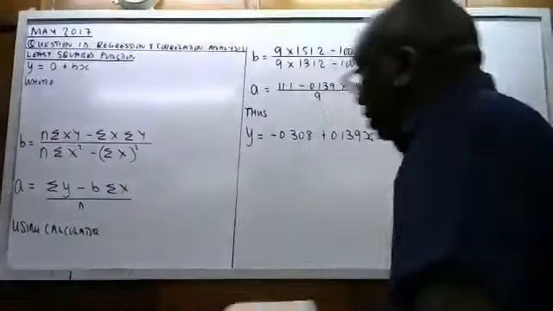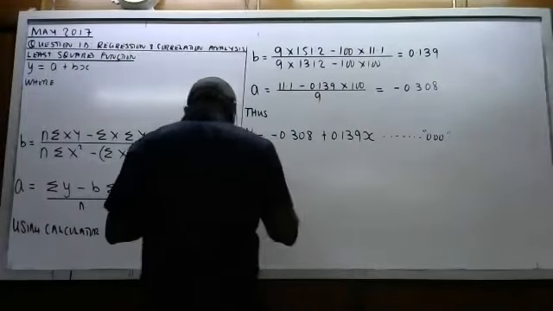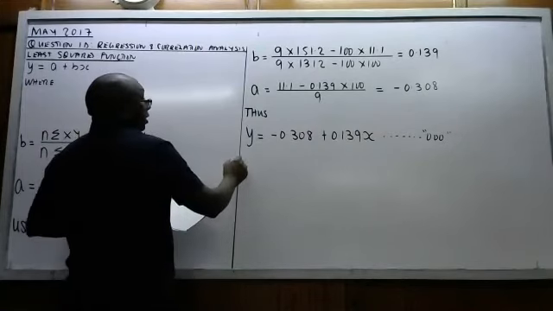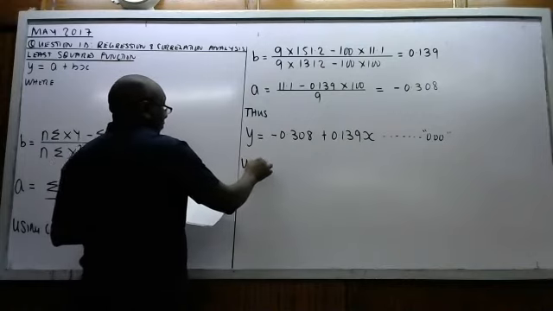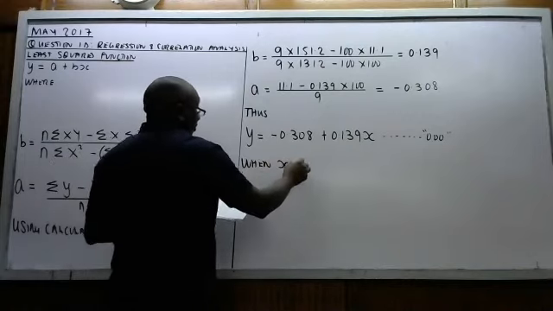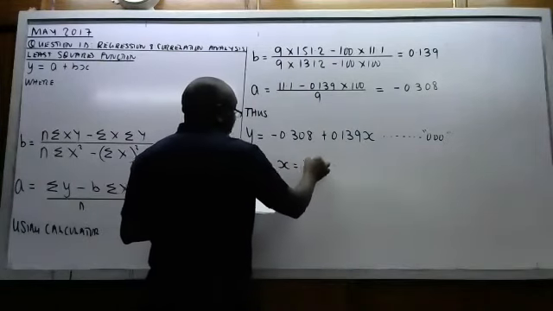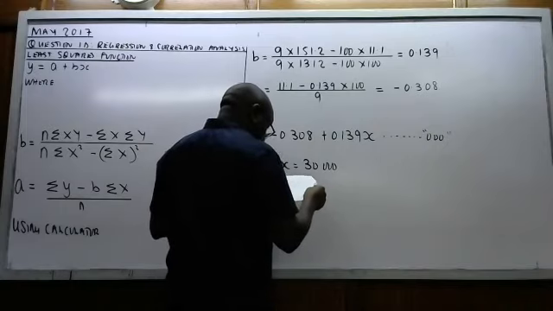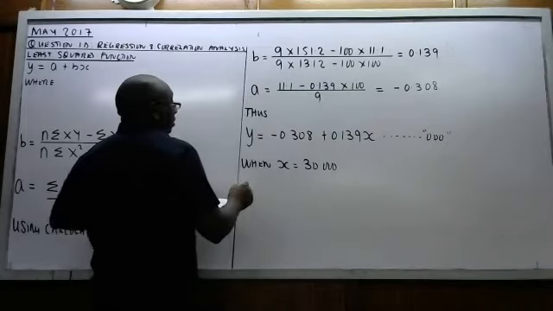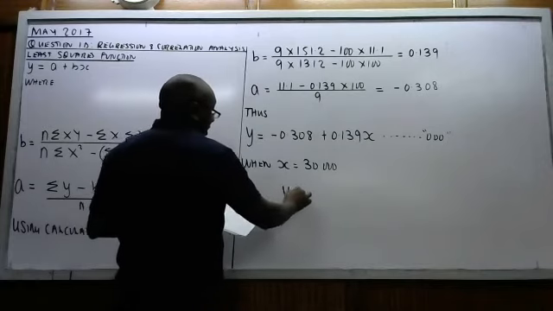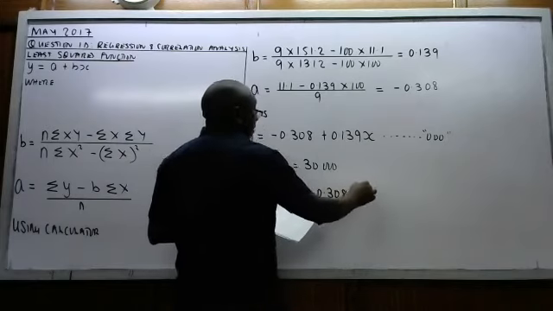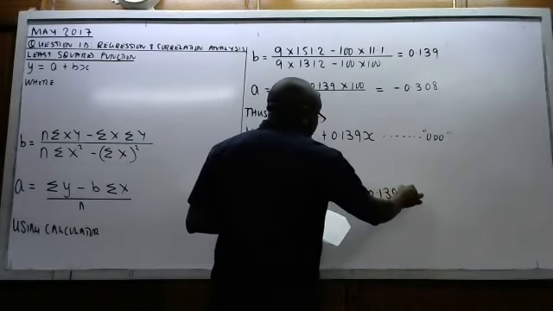So when we are told the expenditure of a household whose monthly income is 30, so when X is 30,000, Y should be minus 0.308 plus 0.139 times that.